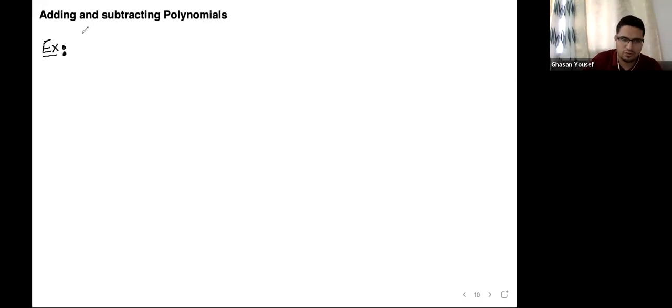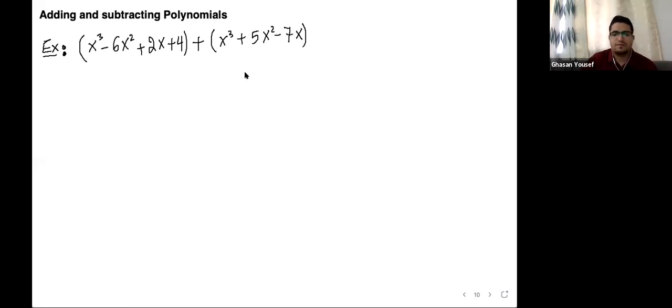If I have two polynomials of this form, x to the power 3 minus 6x to the power 2 plus 2x plus 4. This is the first one inside parentheses. The second one is x cubed plus 5x squared minus 7x.